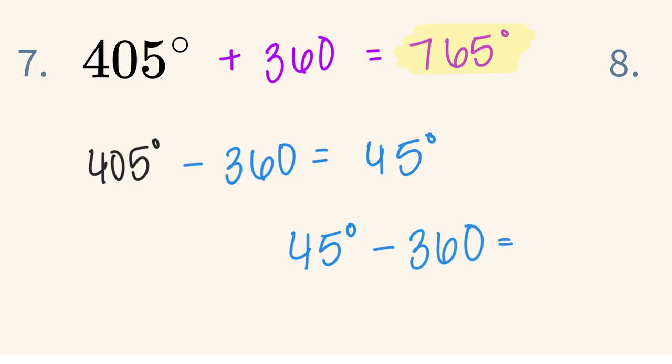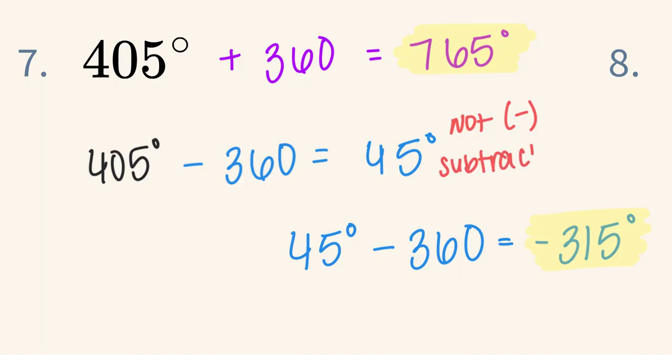Now, if I subtract 360, I'm going to get negative 315. Is that a negative angle? Yes, then that would be my answer. So when you're trying to find positive and negative, you have to have a positive and you have to have a negative. So I'm just going to write it on here because this is not a negative. Subtract again. You have to have a negative.